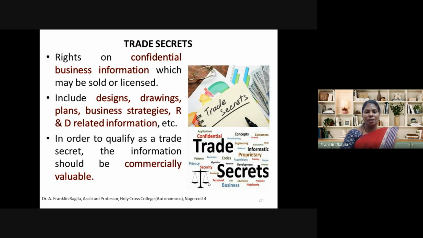It may include designs, drawings, plans, promotional strategies, marketing strategies, research and development information, etc. In order to qualify as a trade secret, the business information should have commercial value.